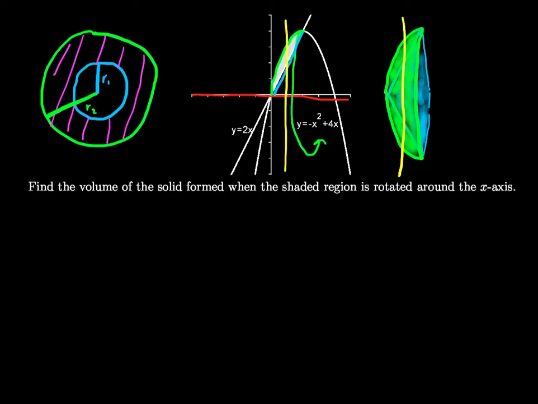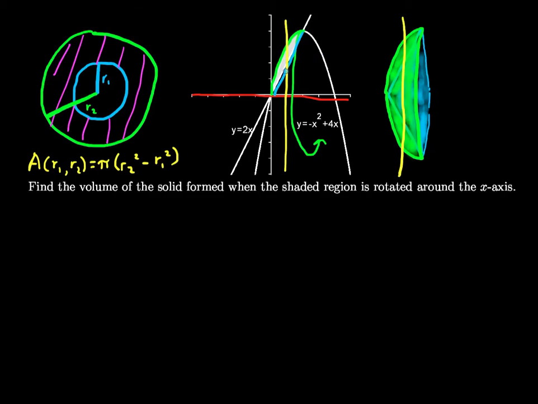The area of this shape, in terms of R1 and R2, will be equal to pi multiplied by R2 squared minus R1 squared. Basically it's the outer circle area taking away the inner circle area.